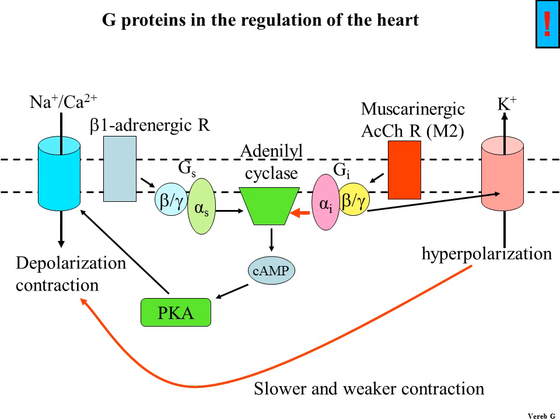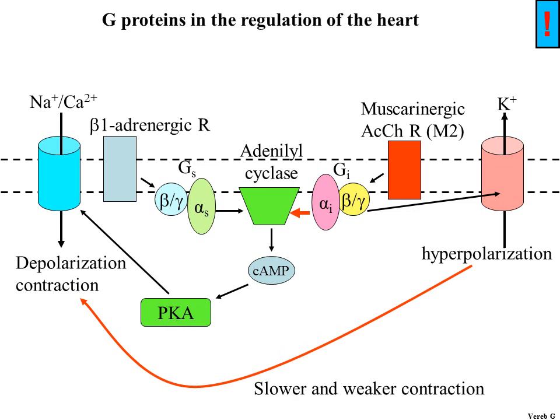In the heart, you also have a beta adrenergic receptor which binds epinephrine, which is coupled to the stimulatory alpha subunit of the trimeric G protein with some beta gamma subunits forming a trimer, and activation of the alpha causes the activation of adenylyl cyclase, which produces cyclic AMP, which activates protein kinase A, as we discussed.